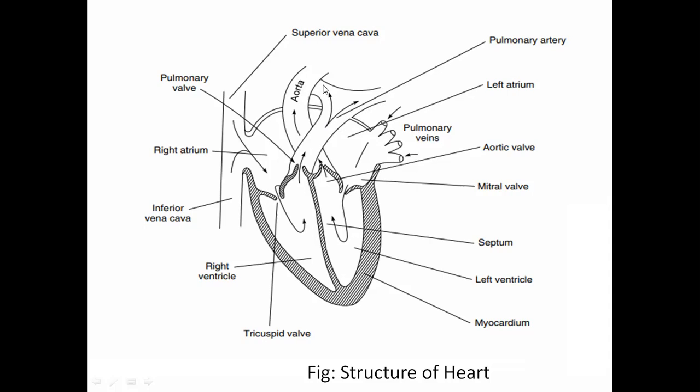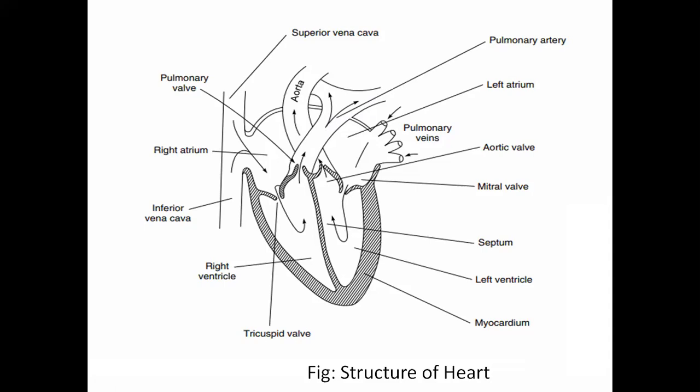Through this pulmonary artery, the blood is sent to lungs, where the blood will be purified. In the lungs, the deoxygenated blood will be converted into oxygenated blood by receiving the oxygen from the air and delivering the CO2 to the atmosphere.